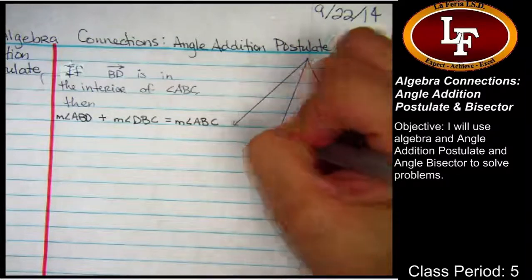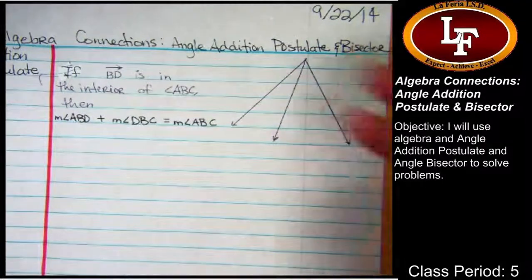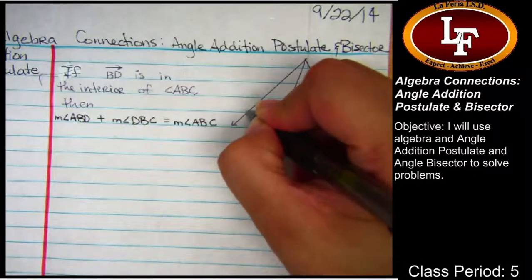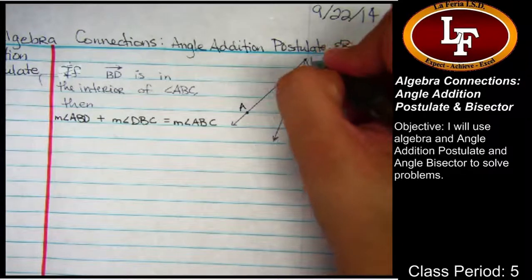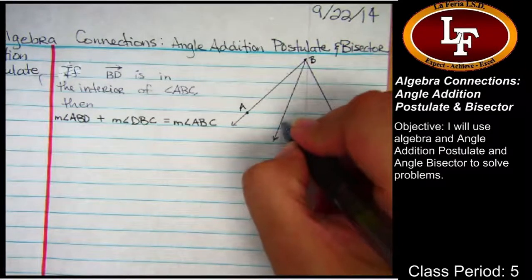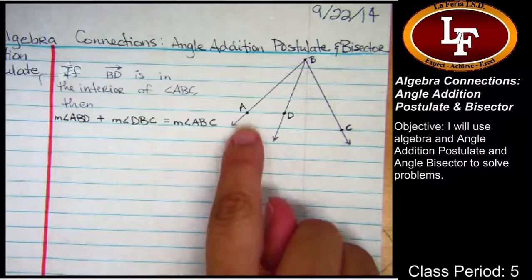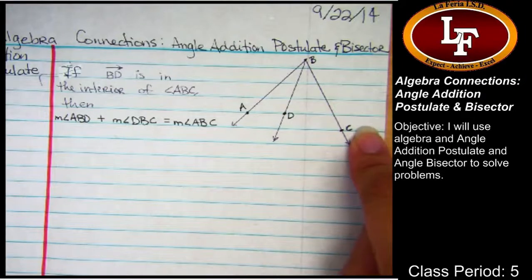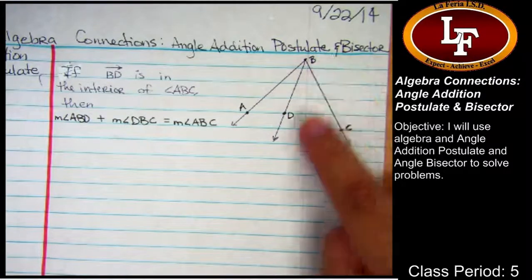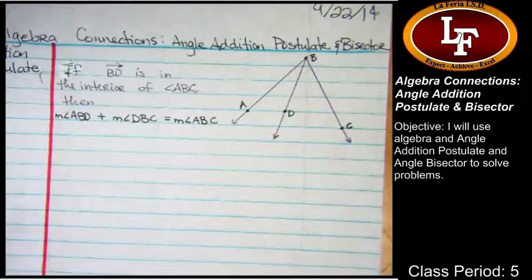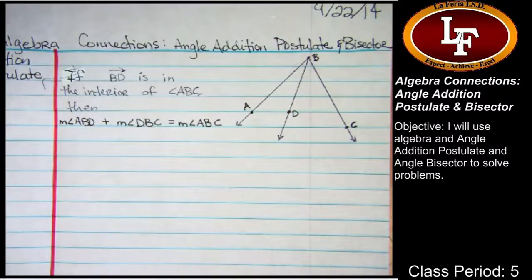I need to put the letters that this thing is talking about. So I have A sitting over here, B is the vertex, D somewhere here in the middle, C is over here. So now we have angle ABC with ray BD somewhere in the middle. It doesn't say anything about BD being a bisector yet. We just know that it's somewhere in the middle, and that's all we really know.